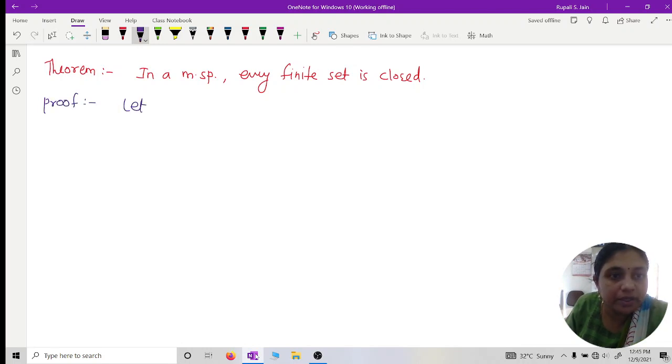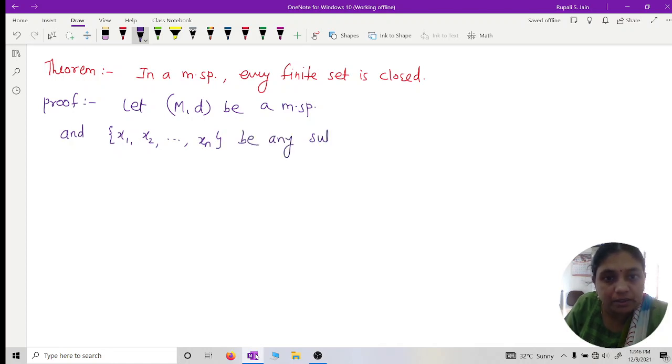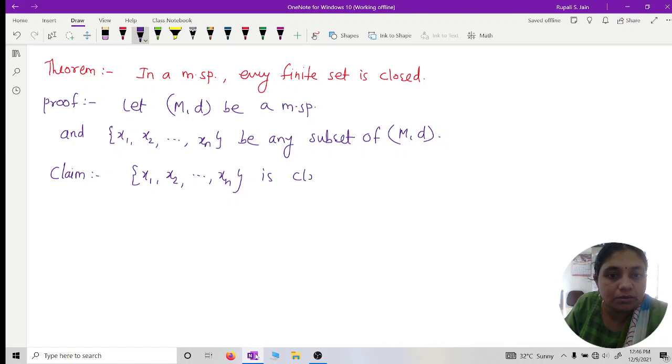Let (M, d) be a metric space and let {x1, x2, ..., xn} be any finite subset of (M, d). What is my claim? This set {x1, x2, ..., xn} is closed. I want to prove this finite set is closed.